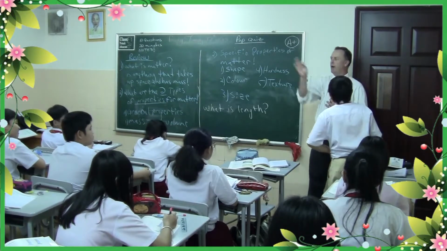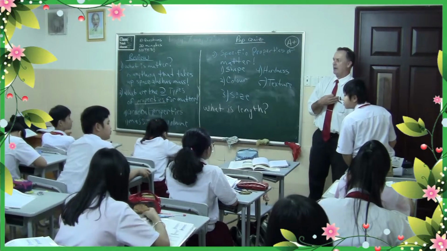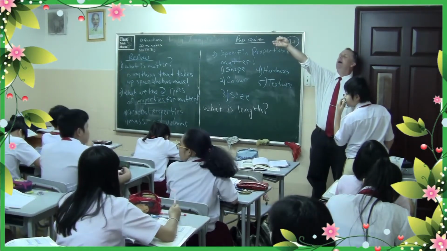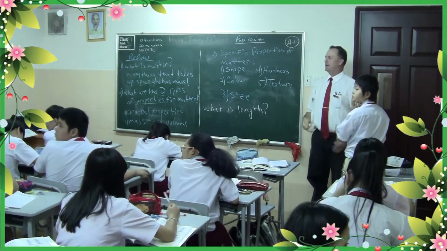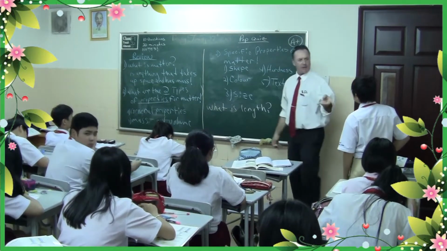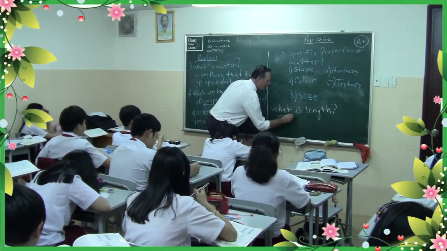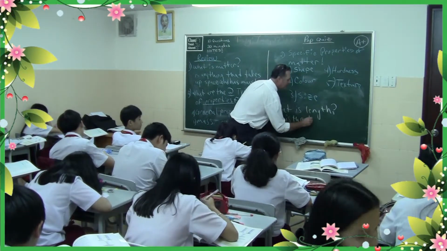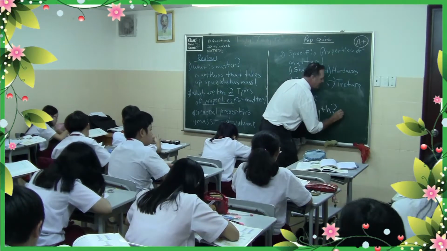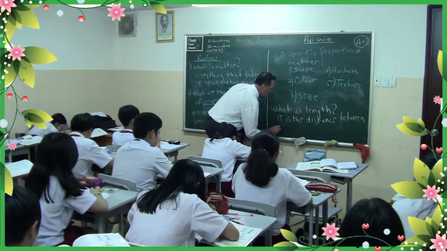The distance between two points. Like between me and you, very short length, right? But the distance from me to you way in the back of the class, it's a very long length between us two. So we can say it is the distance between two points.